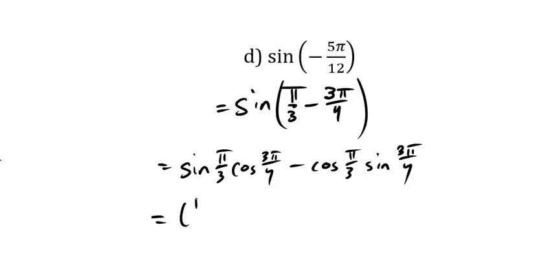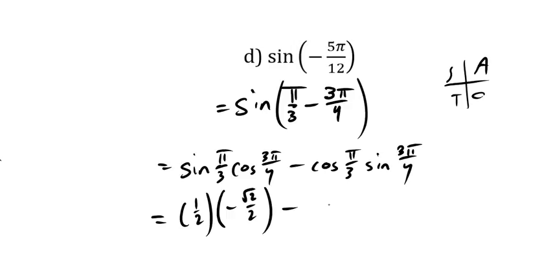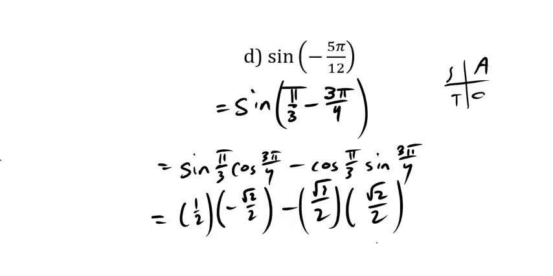Sine of pi over 3 is root 3 over 2. Cosine of 3 pi over 4, using CAST, 3 pi over 4 is in the second quadrant, so it's going to be negative root 2 over 2, minus cos of pi over 3, which is 1 over 2. And the sine of 3 pi over 4 is positive in that quadrant, so root 2 over 2.